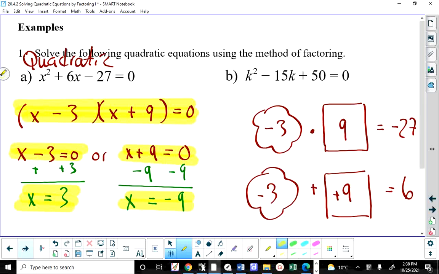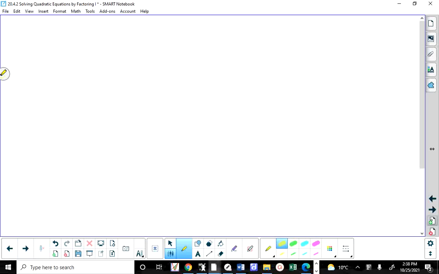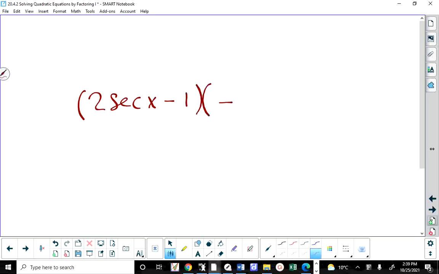I'm not trying to be difficult, but when we get into Math 30, and tomorrow we'll be doing more stuff, minus 1, we'll encounter equations like this. Now, I realize that this is called 2 secant of x. You don't even know what that means.